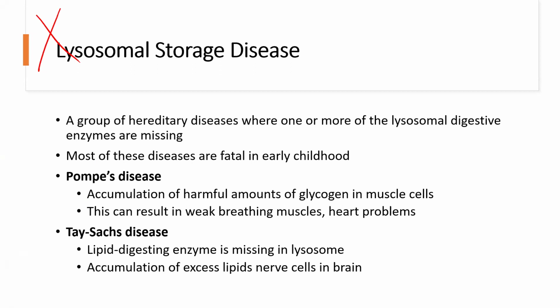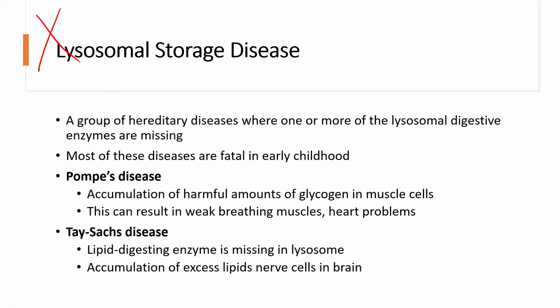So a person can inherit mutated DNA, which causes them to be missing some of these enzymes in the lysosome. Depending on which enzyme is missing, the disease that you get is going to be different. But collectively, this group of diseases is called lysosomal storage disease.